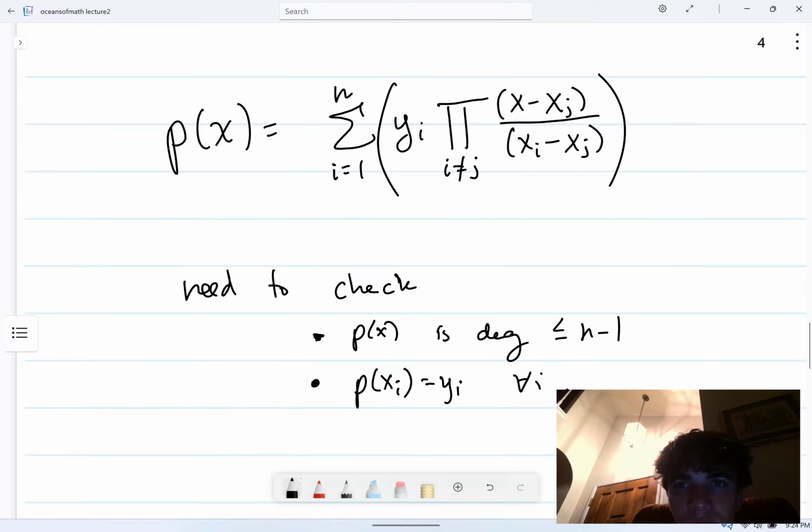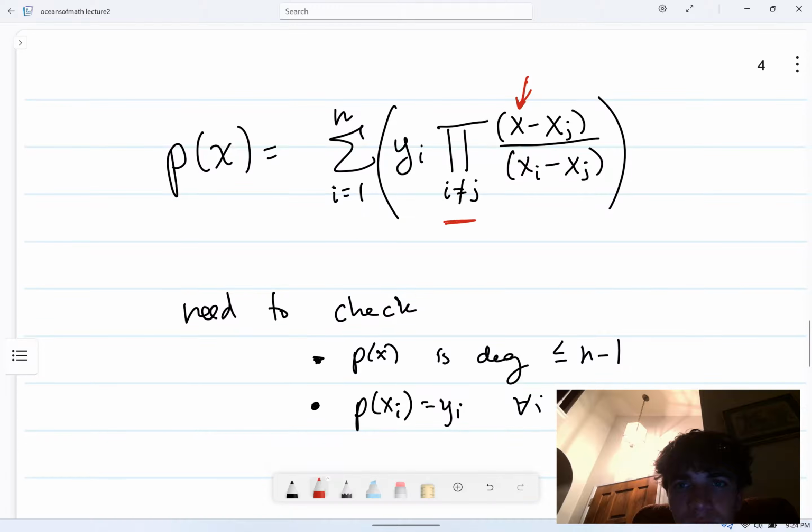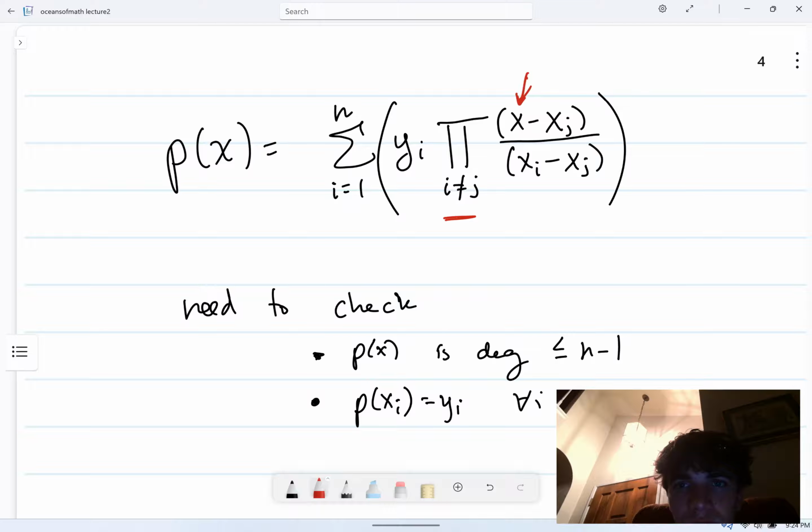All right. So looking at this product here, the degree of p of x is only going to come from this x here. It's the only non-constant variable in this equation. And so we really just need to count the degree of x.